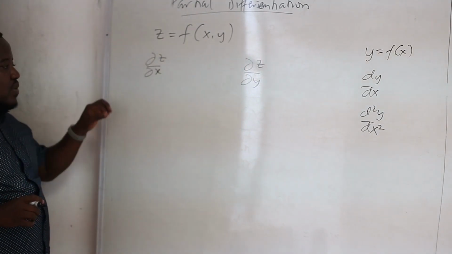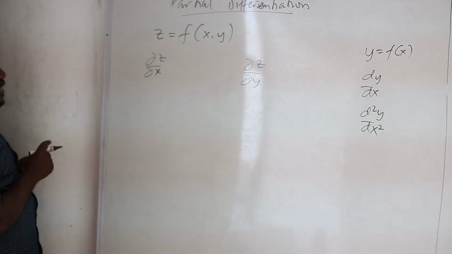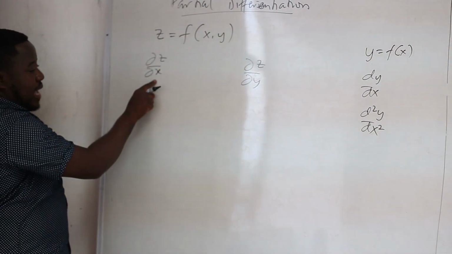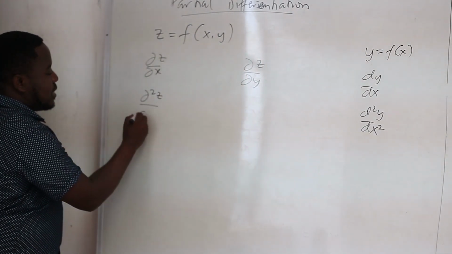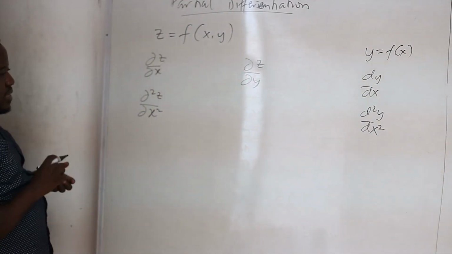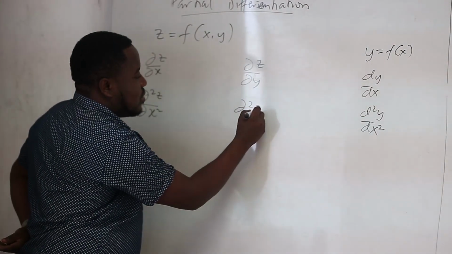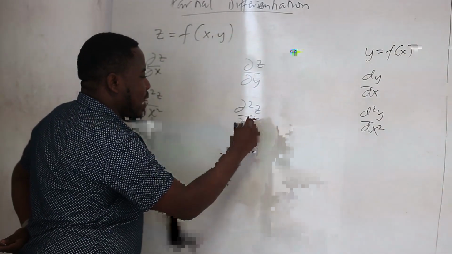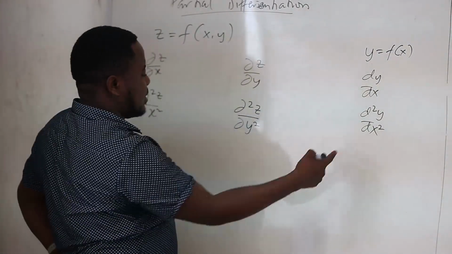So for that we have 4 second order derivatives. The first one is differentiating this function with respect to x. So when you do that, I have d2z dx squared. And we can also differentiate this with respect to y. So we have d2z dy squared, like this one.